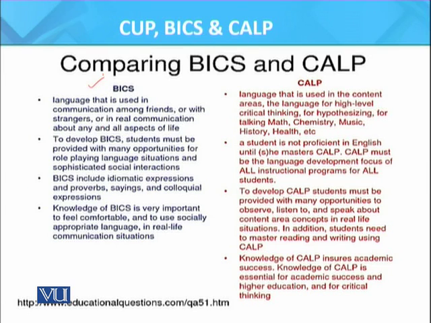It says that language is used in communication among friends or with strangers, or in real communication about any and all aspects of life. So it is very social communication when you are interacting with your friends or strangers, or having a real communication about basic information or chit chat, that kind of language.